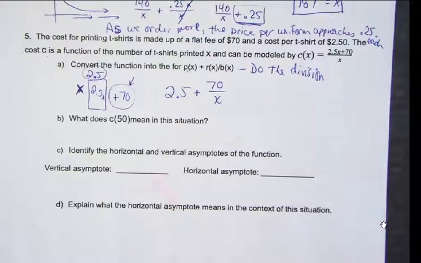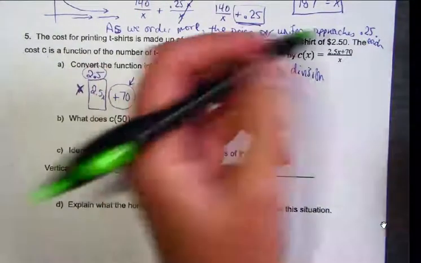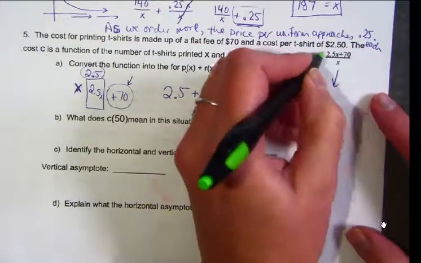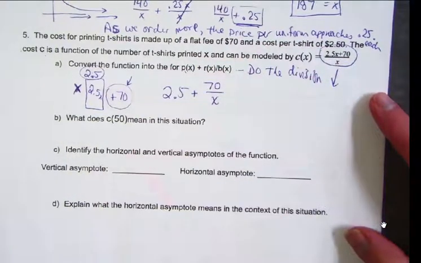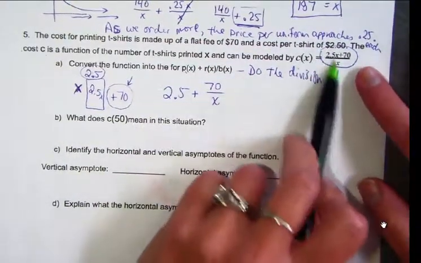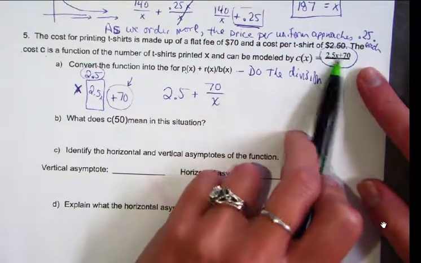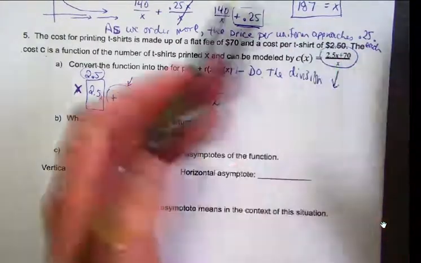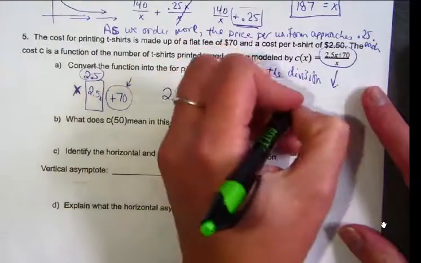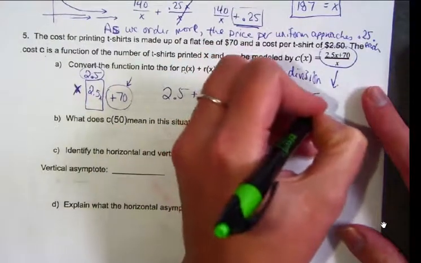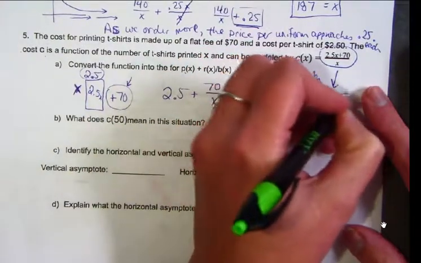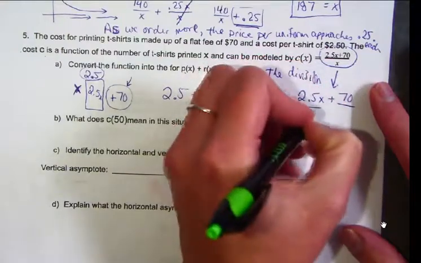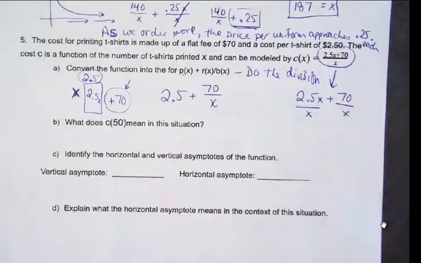Now you've also seen me do this if you've watched my previous videos, just by writing this as two separate fractions. So instead of having a common denominator and squishing them together, ripping them back apart. So it's two separate fractions each over the same denominator.